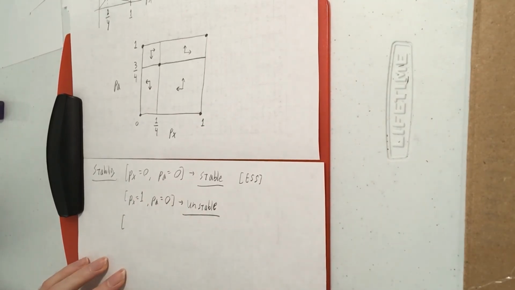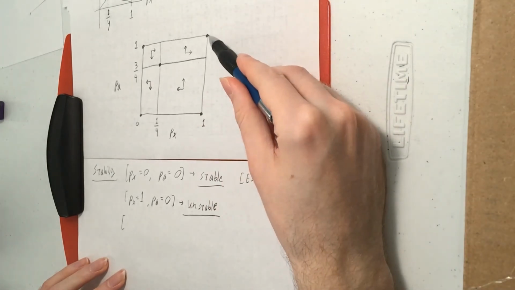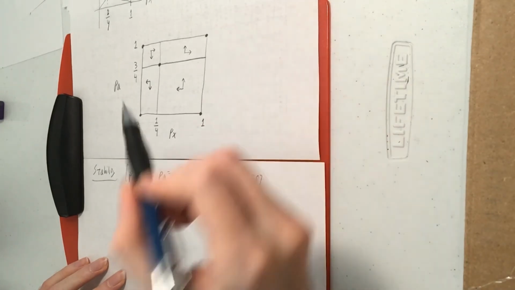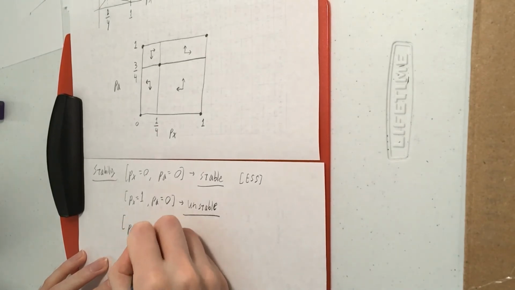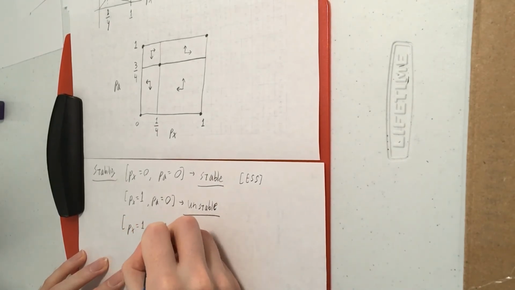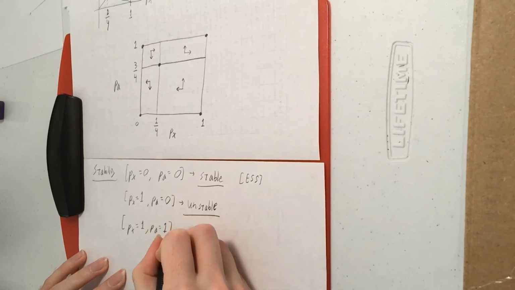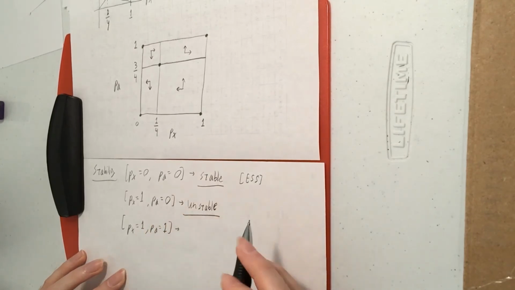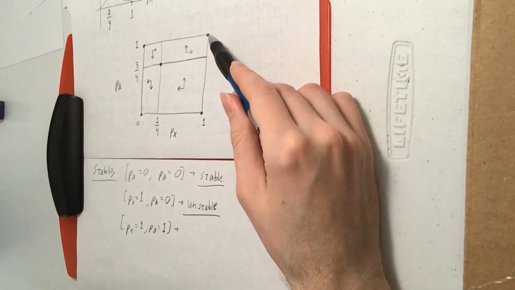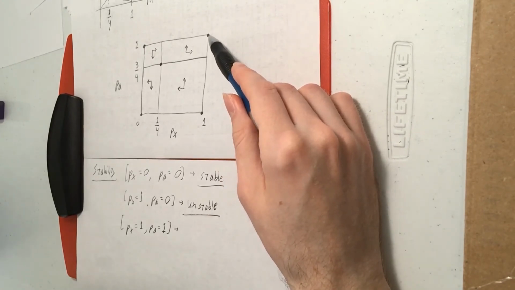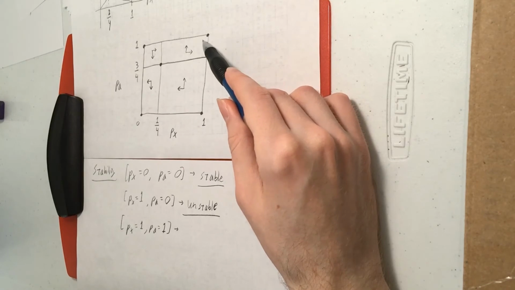Next equilibrium to study. There's this point up here where both PA and PX are 1. Standard procedure, start from the equilibrium, change a little bit, and then do the arrows take you back where you started, or do the arrows push you in some other direction?